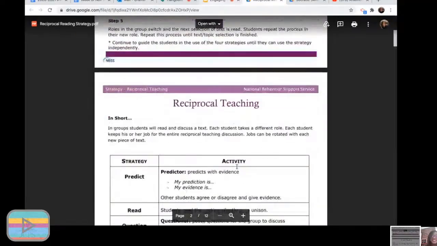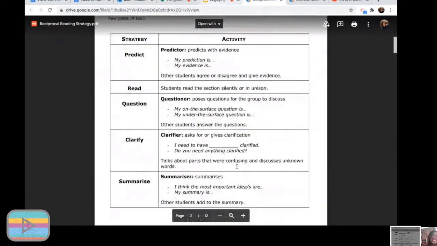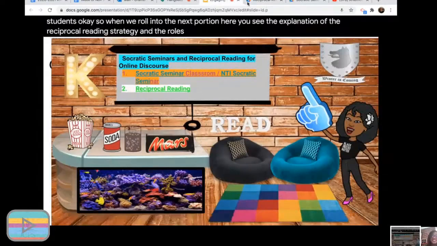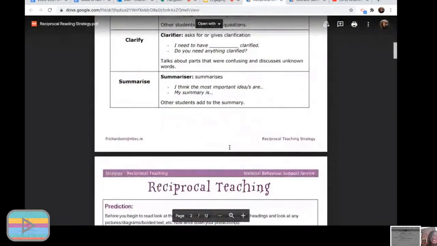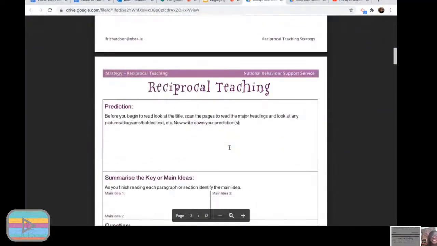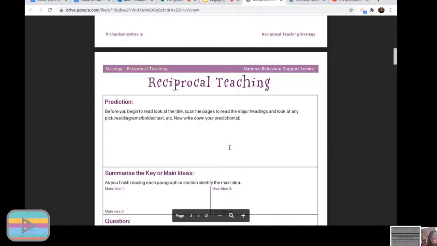So when we roll into the next portion, here you see the explanation of the reciprocal reading strategy and the roles that they operate. And you have actual question stems that they can use to help them to facilitate a wealthy discussion. So you can go then to clarifier.